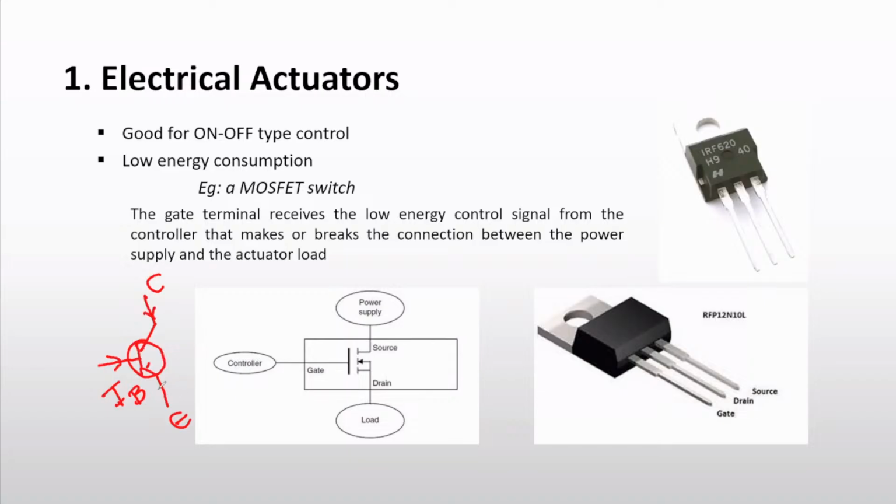Current from the collector to the emitter will flow. Like that, if the gate receives a low power control signal, it controls a high power load. That means it allows the power supply current to reach the load.